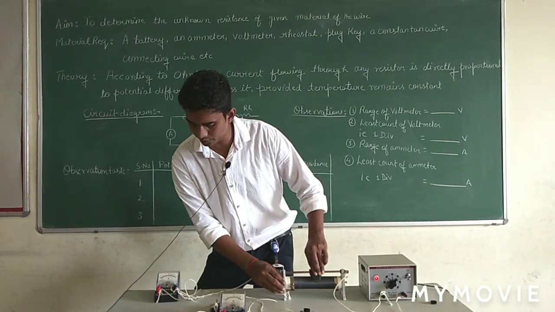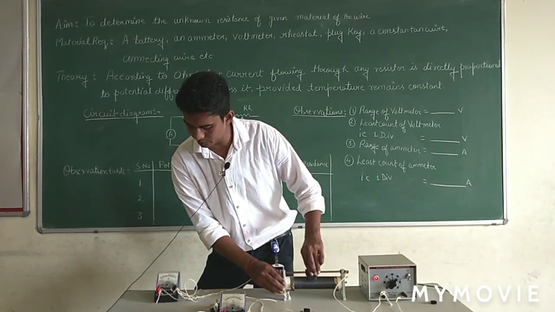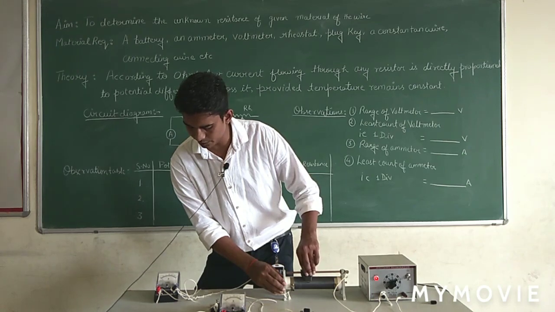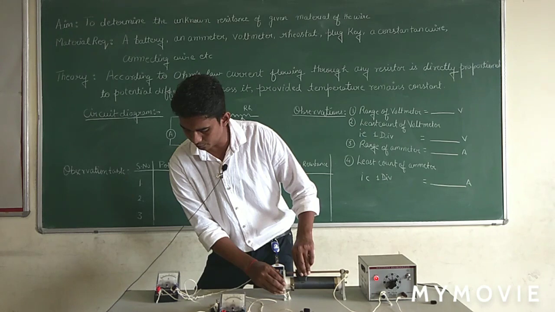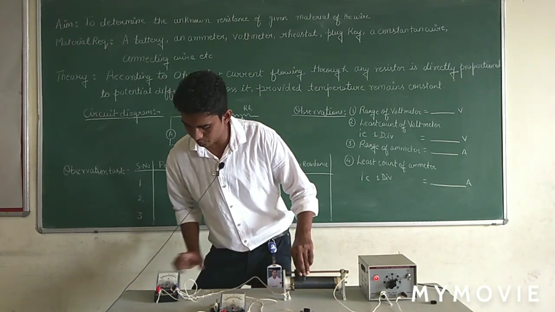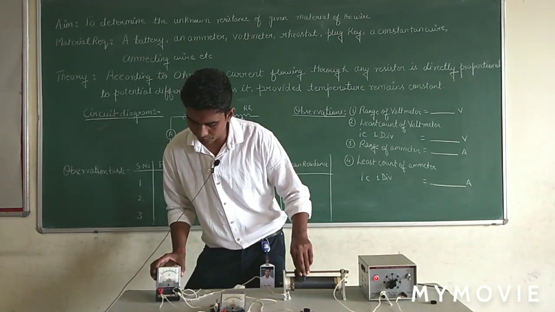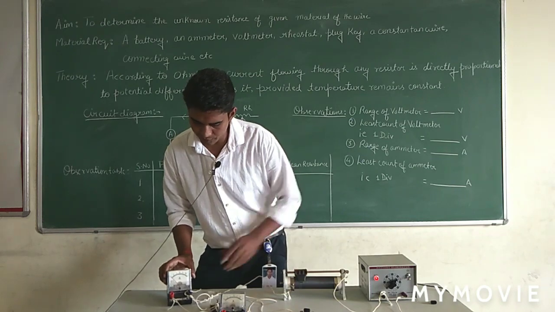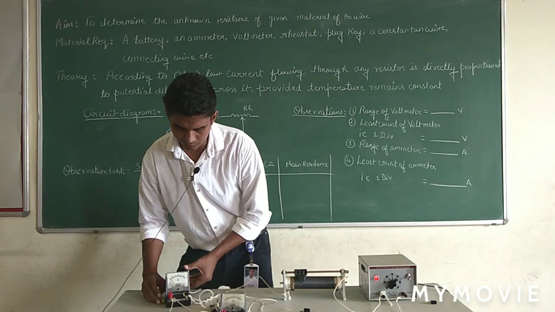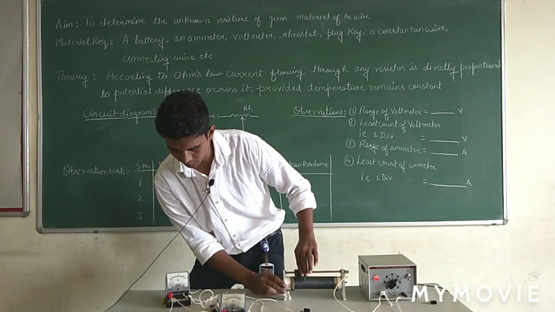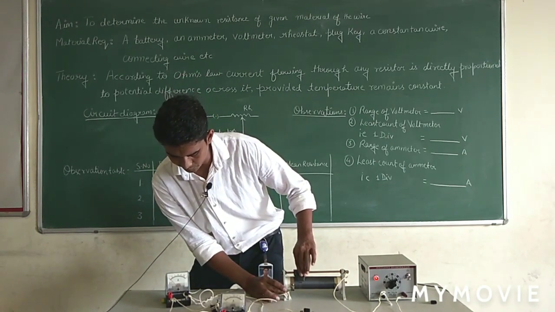There is no variation, no movement in the needle. Keep on sliding. Now we are observing a little movement in the needle of the ammeter. You can clearly observe here. I am just keeping it at a bit of height. After this there must be some movement.